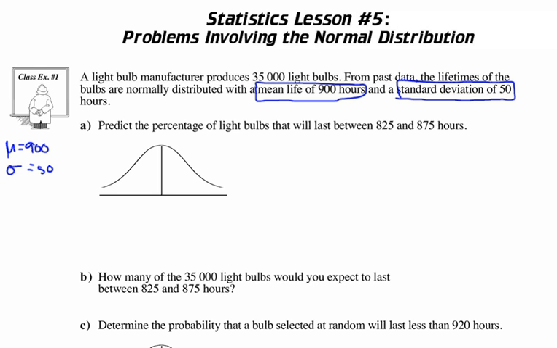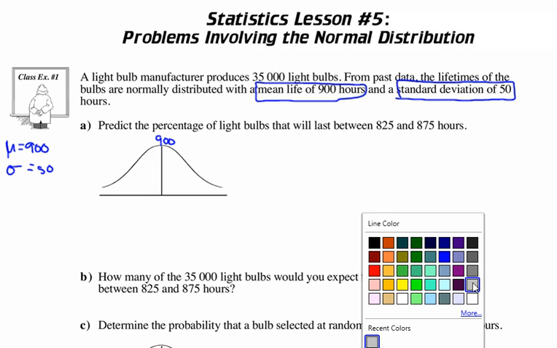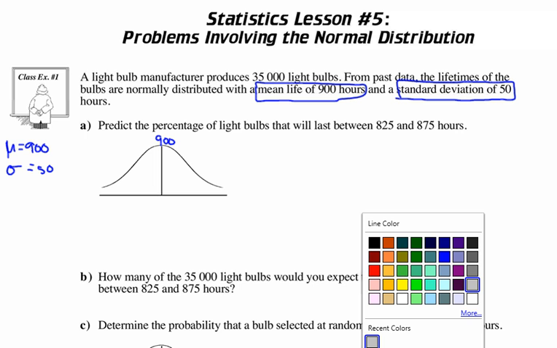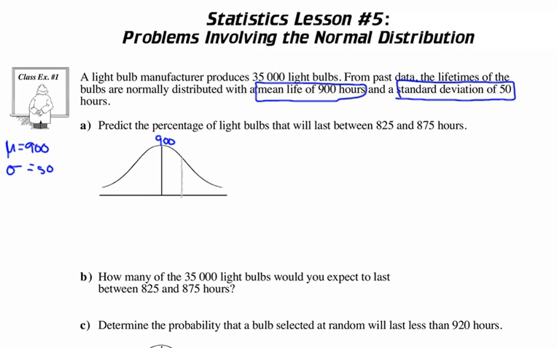So the first thing I would do is remember mean always goes in the center. Now with my pencil, so we start with putting 900 in center because that's our mean, and I'm just drawing in 1, 2, 3. Those are my z-scores, -1, -2, -3.